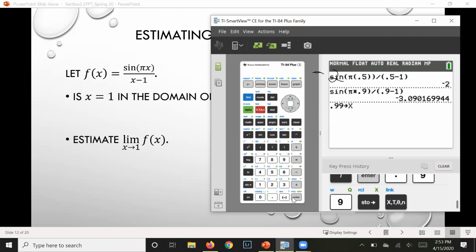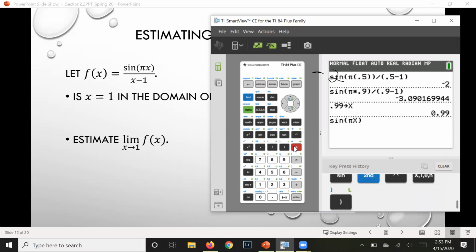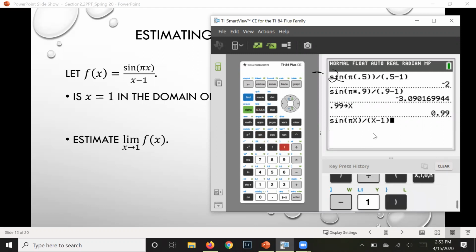When I press enter, my calculator is going to store the value of 0.99 for X. Then I can do sine of pi times X divided by X minus 1, and the calculator will evaluate this formula using 0.99 as X. In this case, we get negative 3.1411.